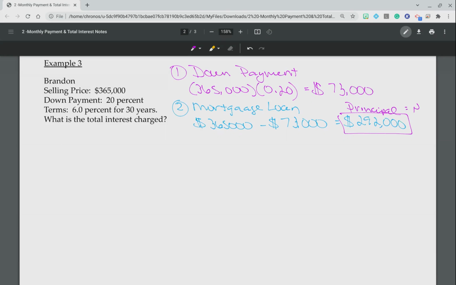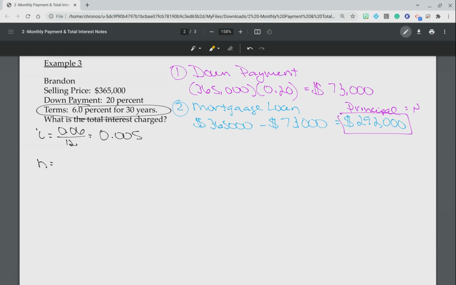Okay? So next thing we need to do is figure out our I and figure out our N. So remember, both of these things are given to us in years. So I'm going to take my 6% and divide it by 12 to figure out how much interest I am paying in 1 month, which is going to be 0.005.